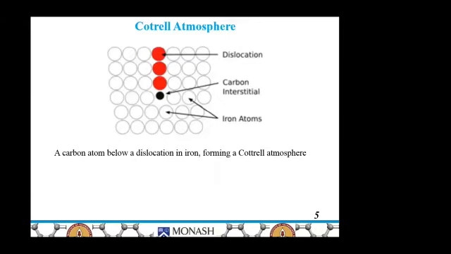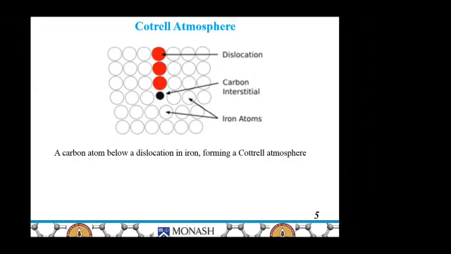Now, this yield point phenomenon is explained by the Cottrell atmosphere. As I said in the slide, this is the positive edge dislocation, and there is space below the positive edge dislocation, and the carbon interstitial atom will sit below this and lock the dislocation against further movement.